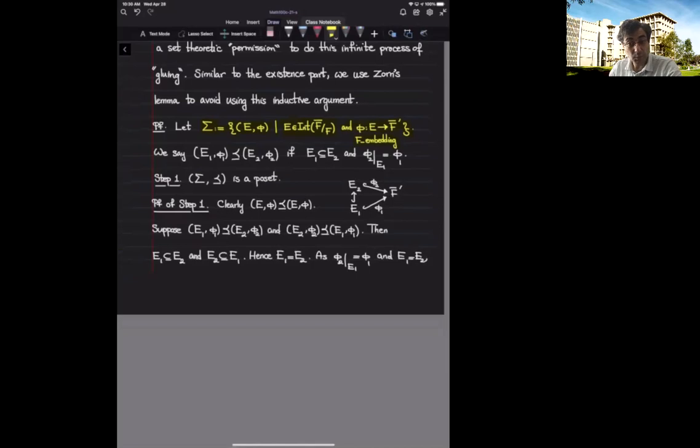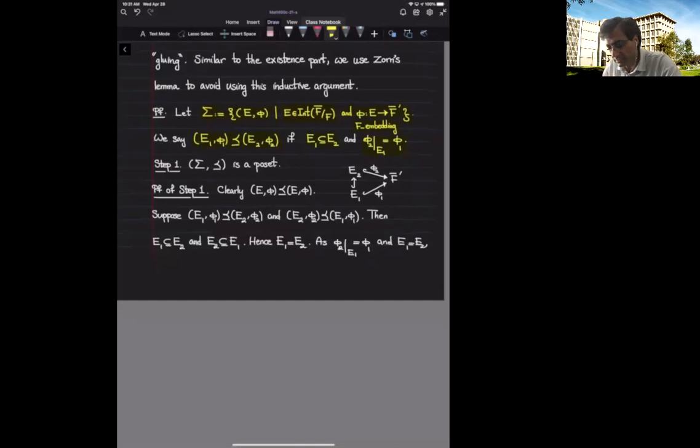First, I have to give you the needed partial order on sigma. So we say the pair E1 comma Phi1 is at most the pair E2 comma Phi2 if, first of all, E1 is a subfield of E2, and second, Phi2 is an extension of Phi1, meaning when I restrict Phi2 to E1, I end up getting the map Phi sub 1. Okay, so that's the ordering that we are taking.